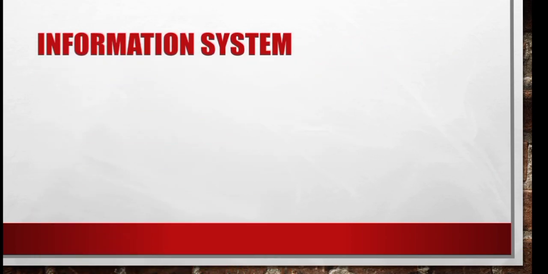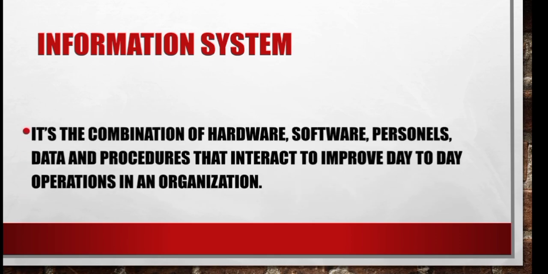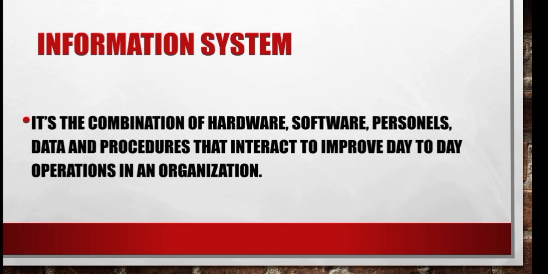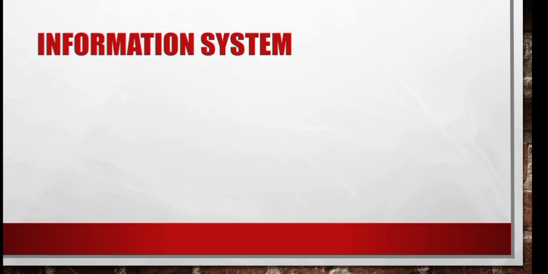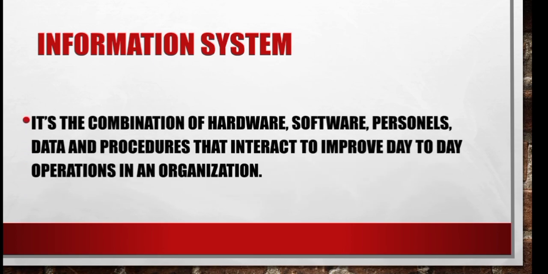What is now an information system? We are beginning with the definition of terms. An information system is a combination of hardware, software, personnel, data, and procedures that interact to improve day-to-day operation in an organization. And remember, when we continue, you'll find that the information system is a major part of the computer, because we are going to look at the processing devices.